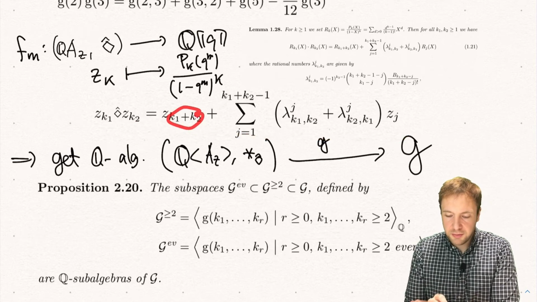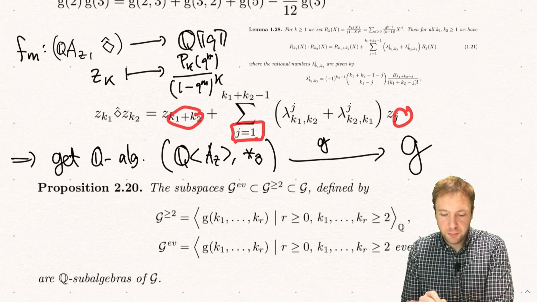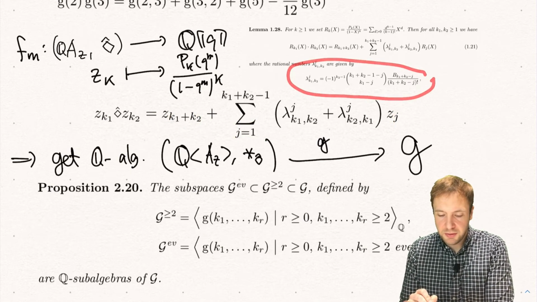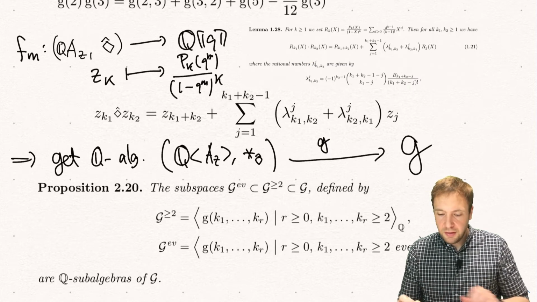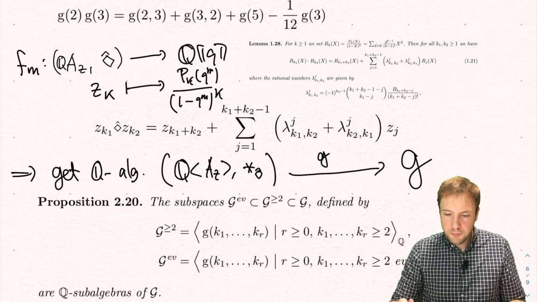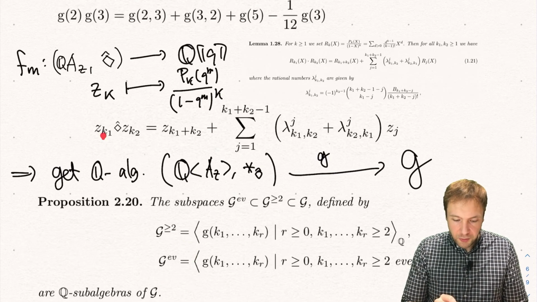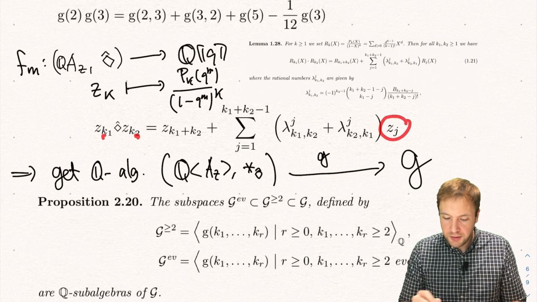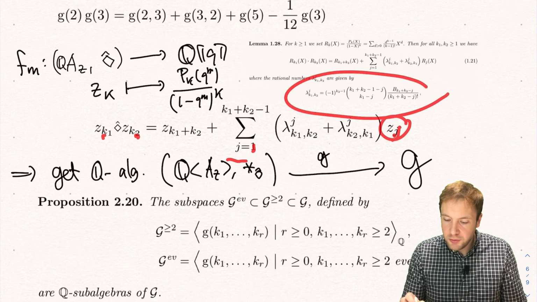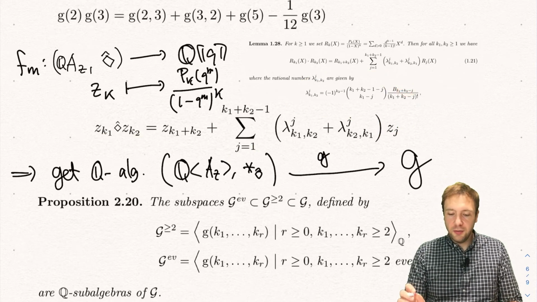So this part here is clear, and here I just need to check that the case j equals 1 vanishes, but this follows directly from the definition of these lambdas, because both of them are greater or equal to 2. And this space G even is a subalgebra, because if both of them are even, you check that these Zj for j odd vanish, because these Bernoulli numbers vanish if the index is odd.